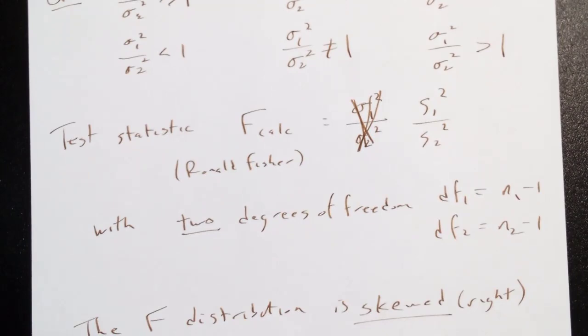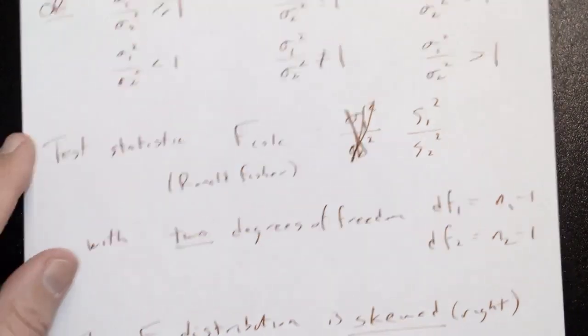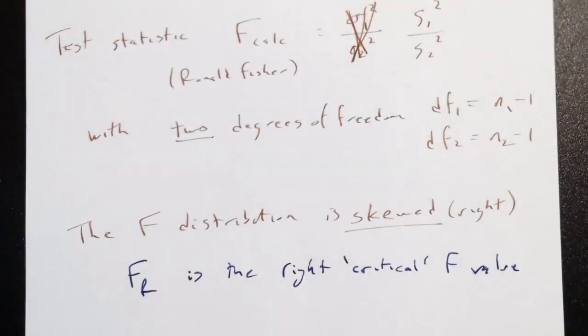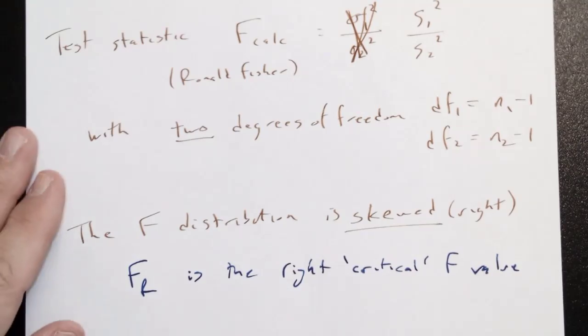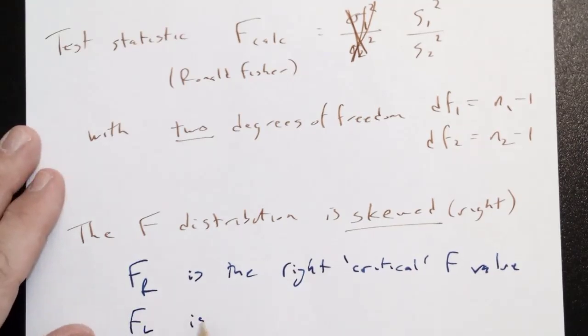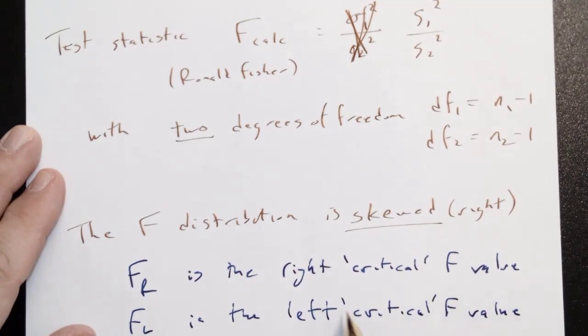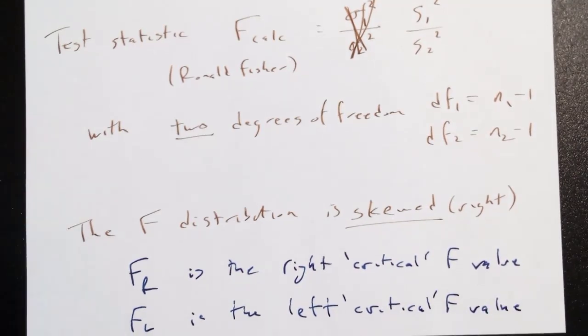Remember, when we were doing a z-test or a t-test, we had a critical value. We're going to have that same sort of critical value in our F-test, but we're going to have a right critical value, and we're going to have a left critical value, and they're different. So I don't just have F crit.